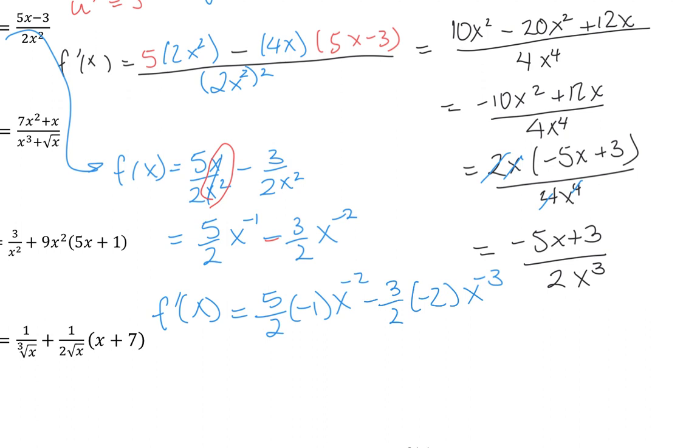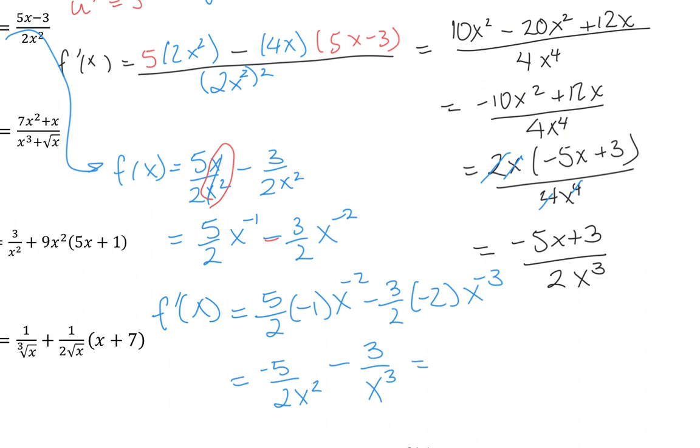And you're like, but that doesn't match that? Give me a moment. This is going to give me negative 5 over 2x squared minus, let me see, I'm going to write this as 3 over x cubed.